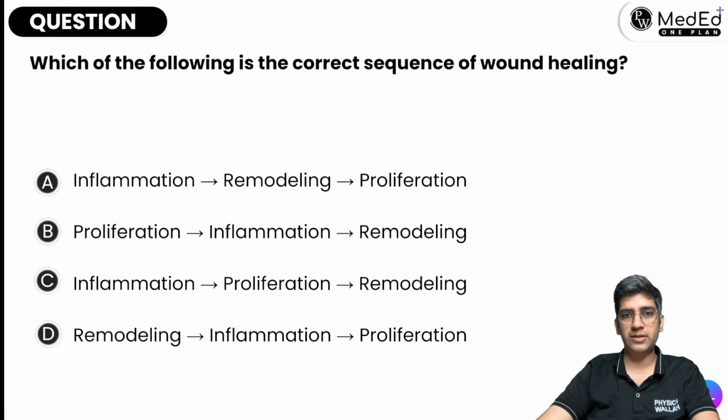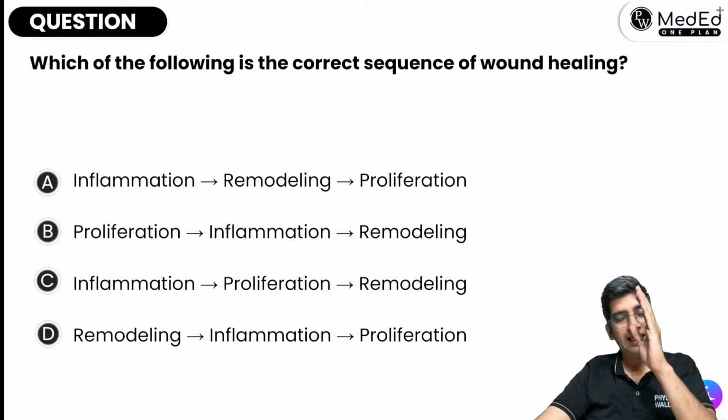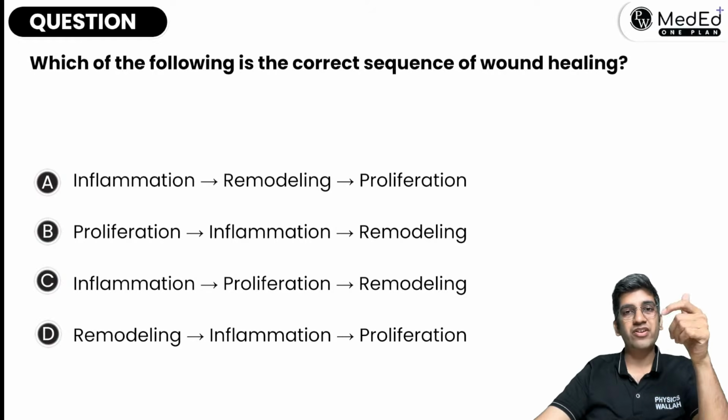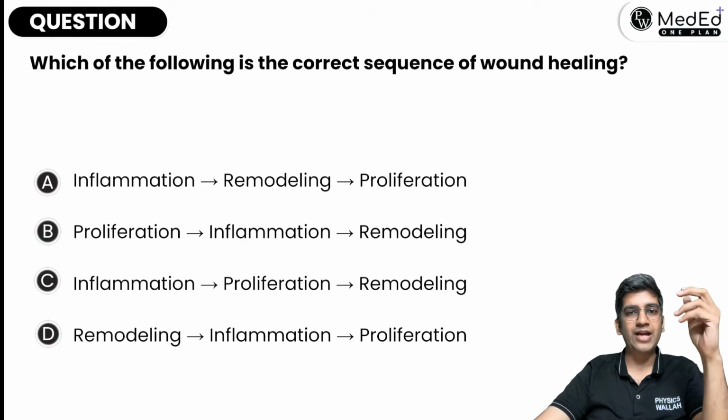We know the wound healing steps, right? What will be the right sequence here? First, you'll have inflammation, then proliferation, then remodeling, right? Even in this INICET exam, which just got over, the proliferation phase was where you'll have the angiogenesis and everything. That was one of the options there.